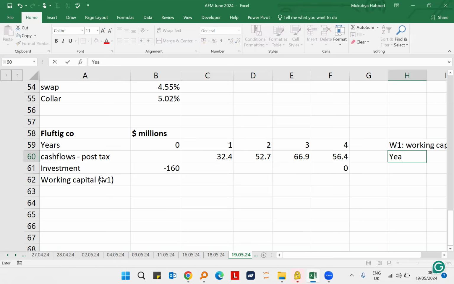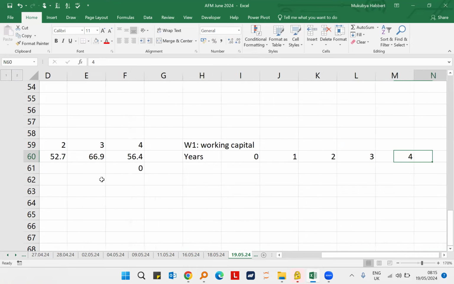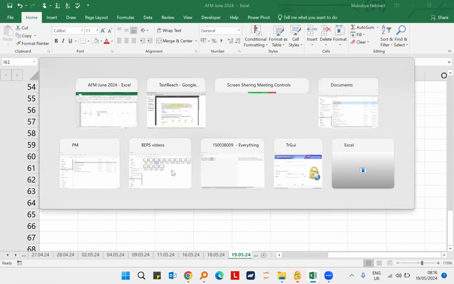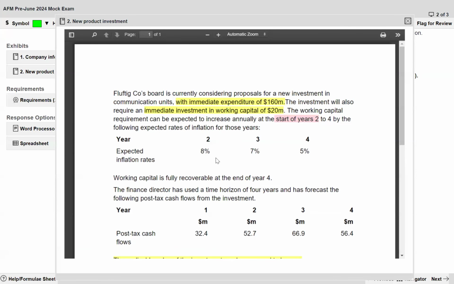So we have the years 0, 1, 2, 3, 4. So the working capital needs 20 million. Let us work in millions again here. So 20 million, but it is going to grow by 8%, 7%, 5%.